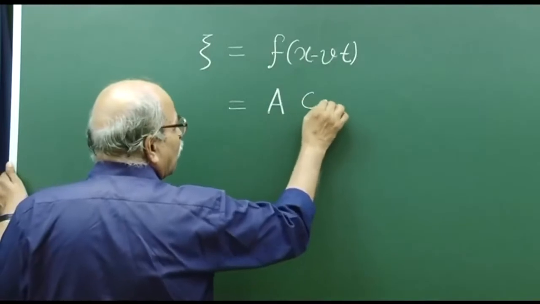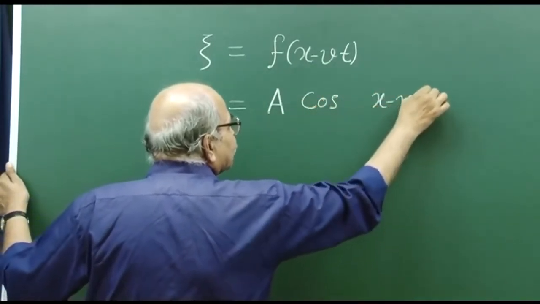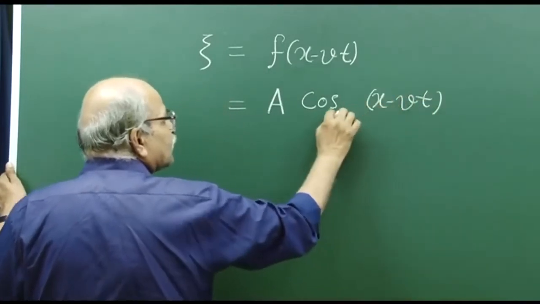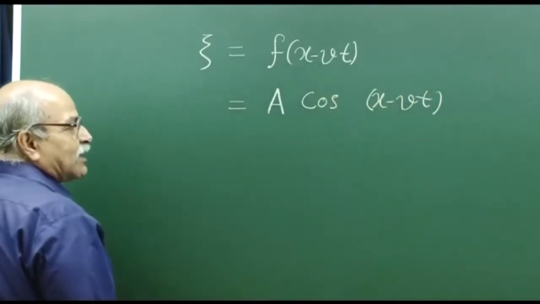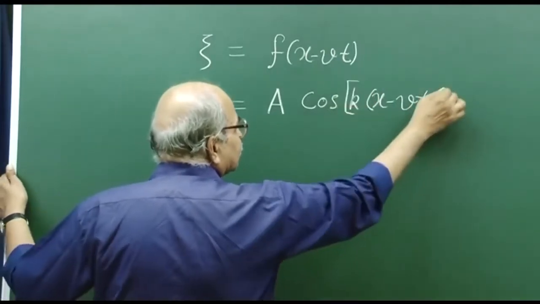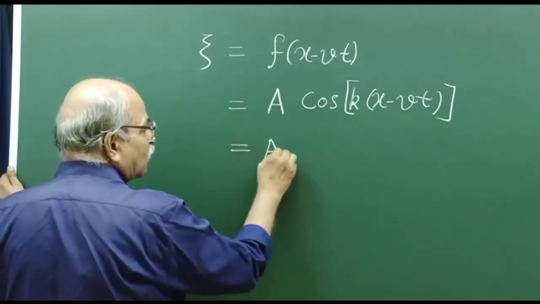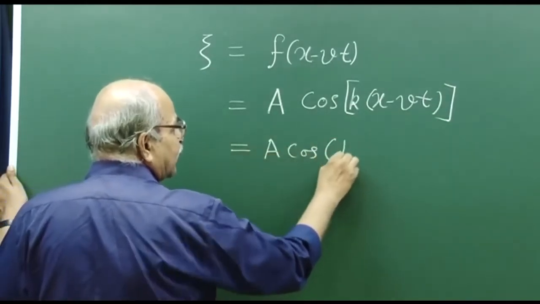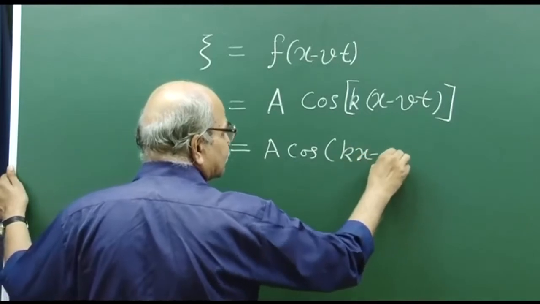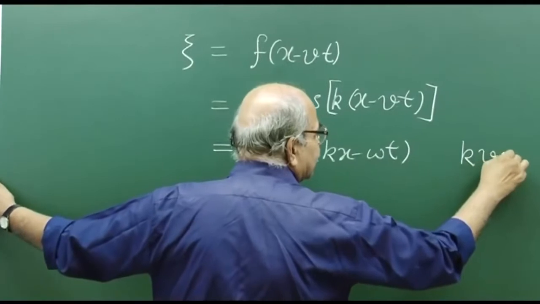So it's, let's say, cos of x minus vt should be there, and dimensionally the argument of cos should be dimensionless. So you should have some multiplying factor here. It's like this, which you can also write as cos of kx minus omega t, where k into v is omega.